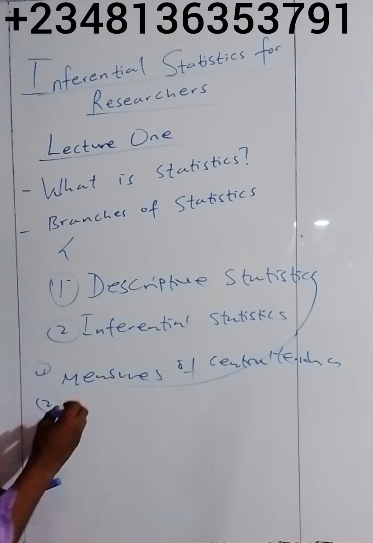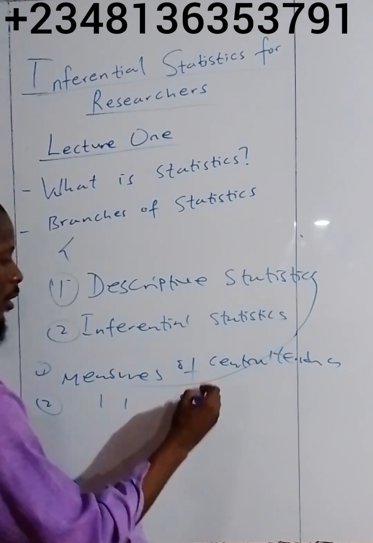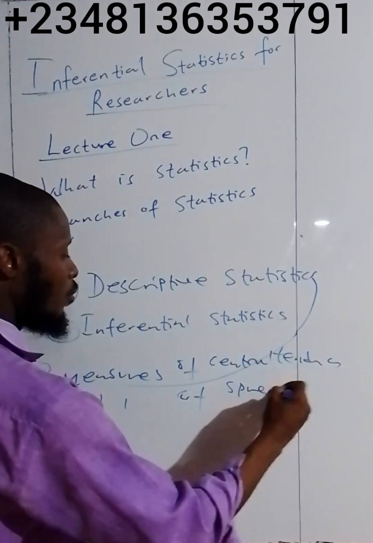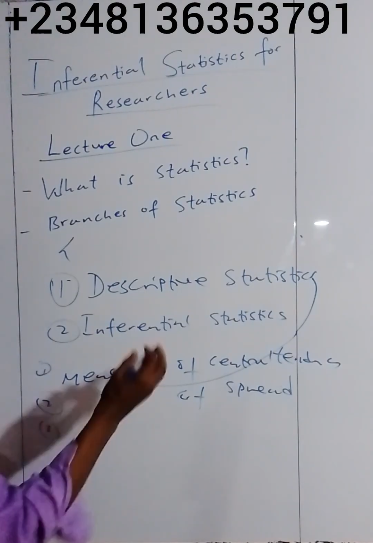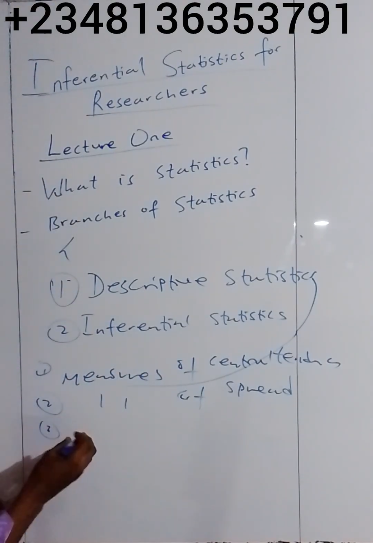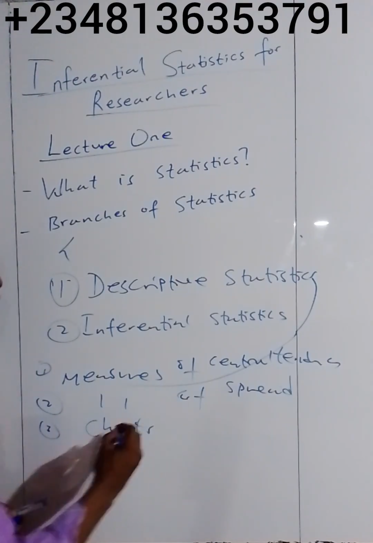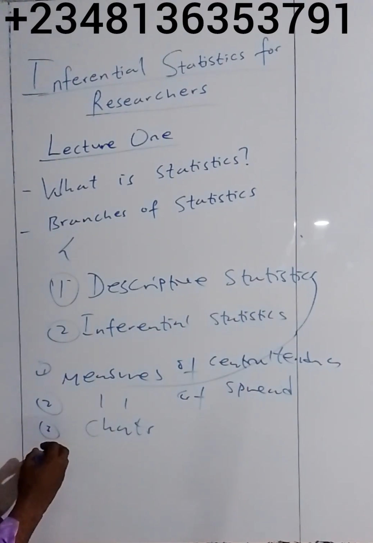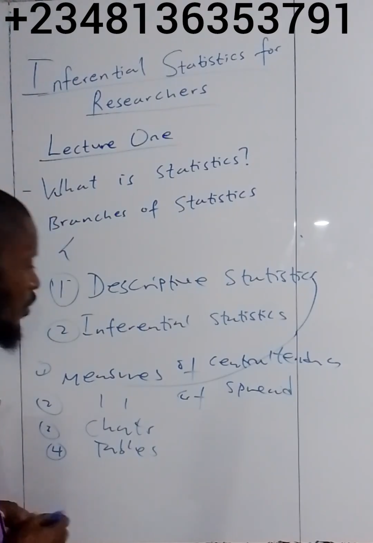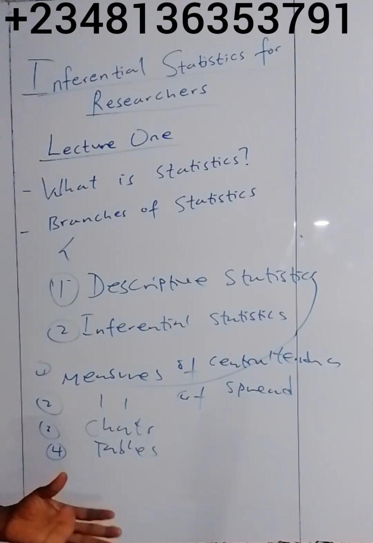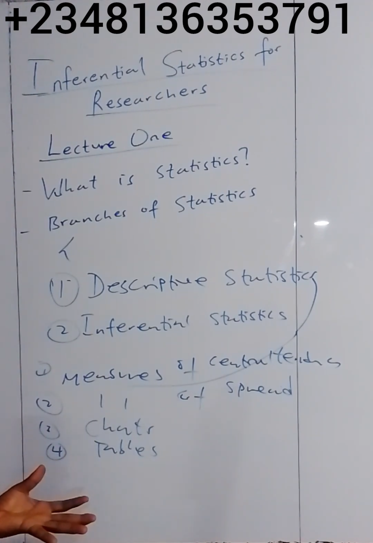We can also use measures of spread, or measures of variation. In statistics, we also use tools such as charts to describe data. And we can also use tables to describe data. So in other words, what we do is describe and summarize a large volume of data in a more meaningful way.